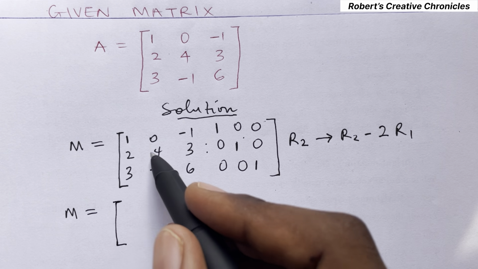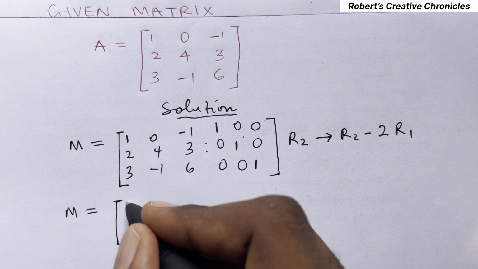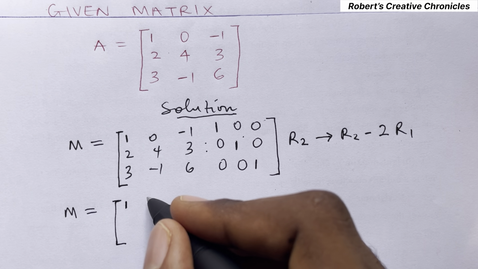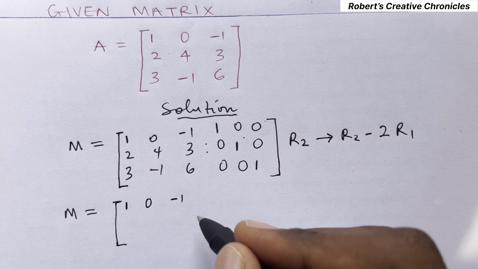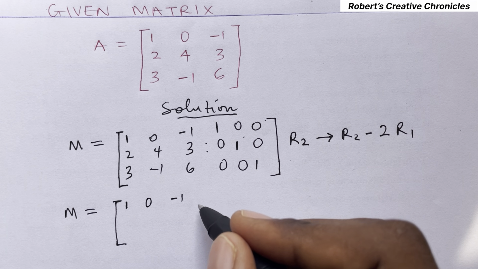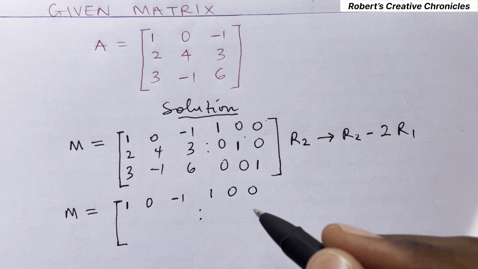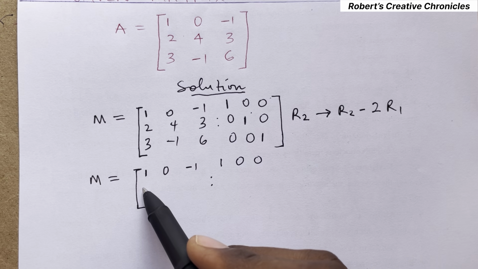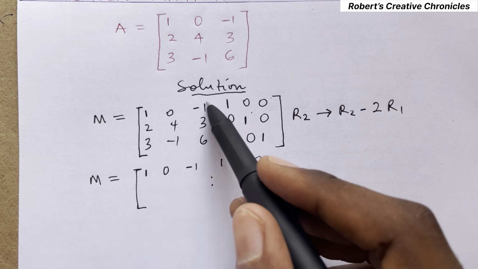so in this one it's only the second row that will change. So what will be here now will be the second row minus 2 times the first row.